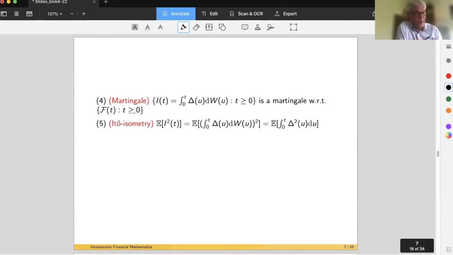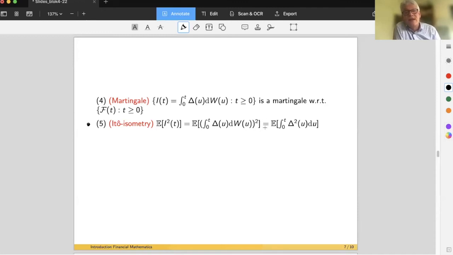And we also have the Ito isometry. So you see all the properties for the simple functions, they are also properties of the Ito integral for the general adapted processes. So the Ito isometry in this case tells us the same as before: the expected value of I squared, written out as the expectation of the integral from 0 to t of Delta_u dW_u, squared.